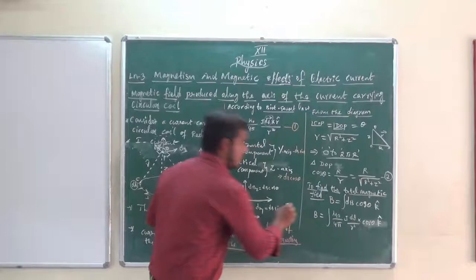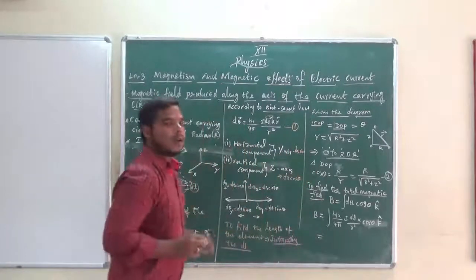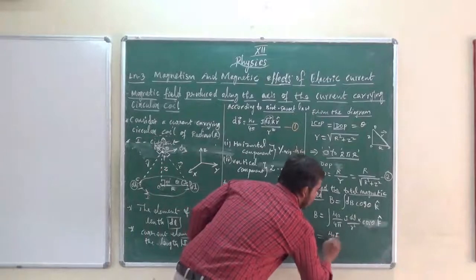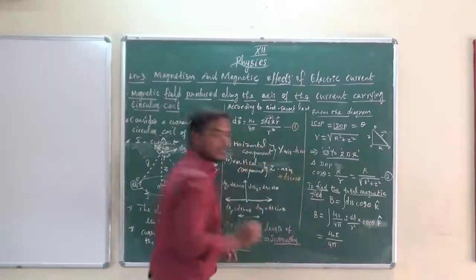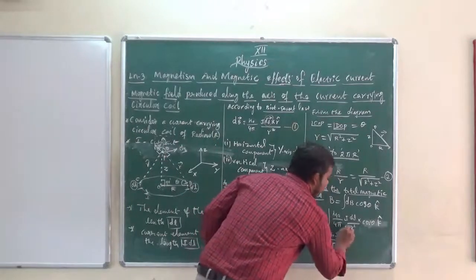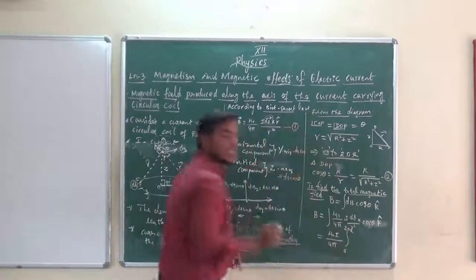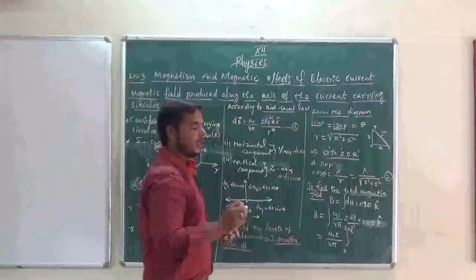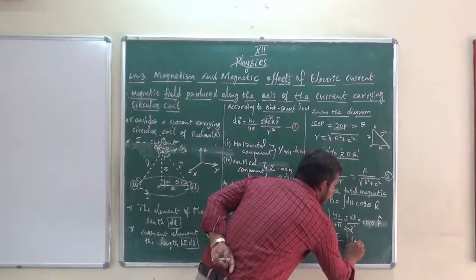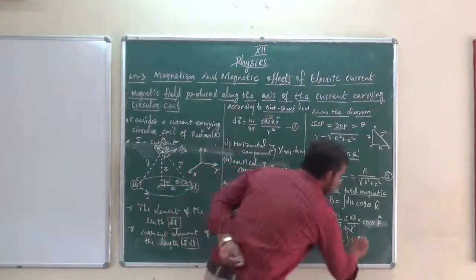Now substitute that. What things are constant? Mu naught I divided by 4 pi is constant. For the rest, the integration from 0 to 2 pi r, those are the limits. So dl into cos theta.